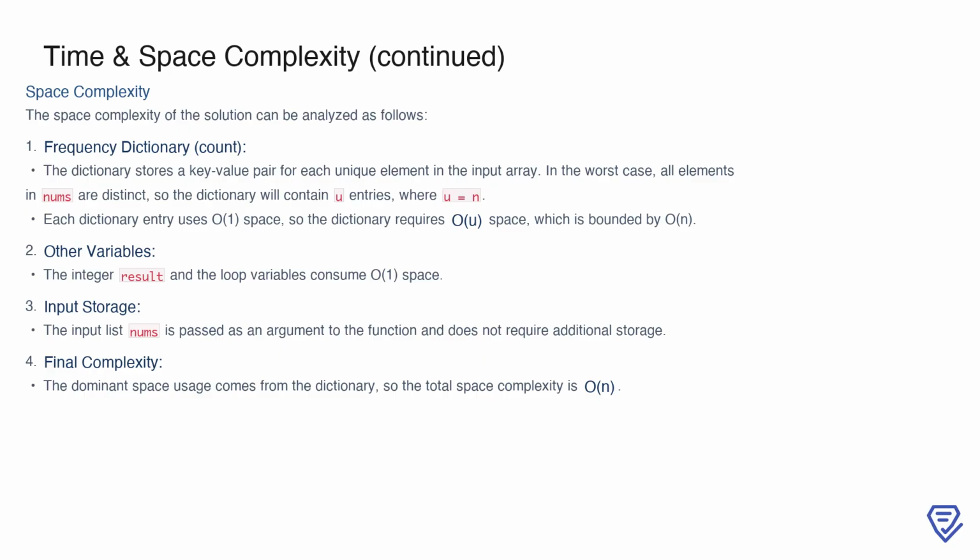Other variables, such as the integer result and loop variables, consume only O(1) space. Additionally, the input list nums is passed as an argument and does not require extra storage since we are not making a copy of it. Therefore, the total space complexity of the solution is O(n), dominated by the storage of the frequency dictionary.